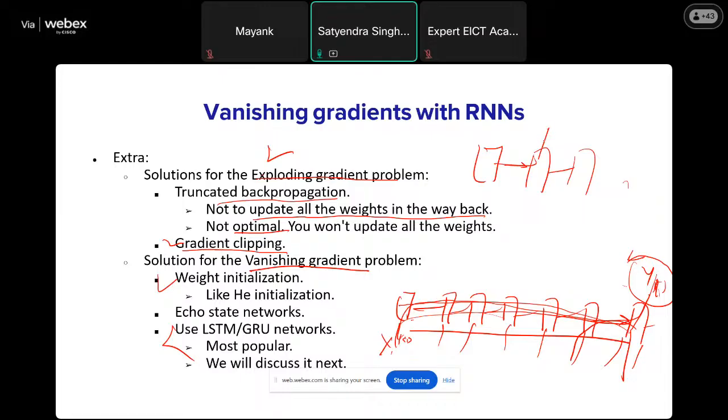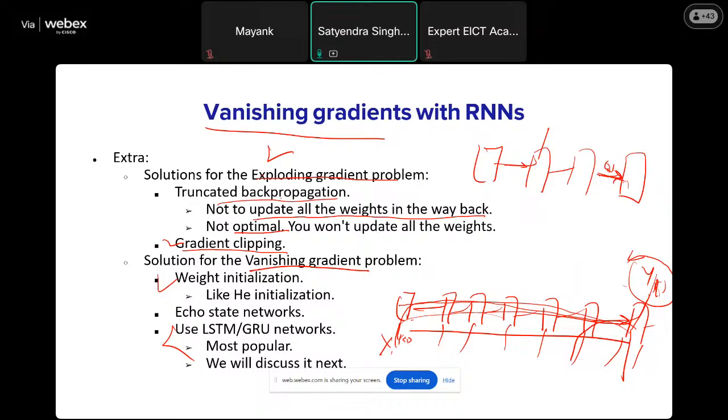However, that architecture suffers from the vanishing gradient problem, which indirectly comes from the context vector as well.